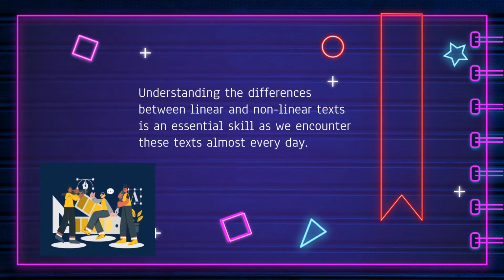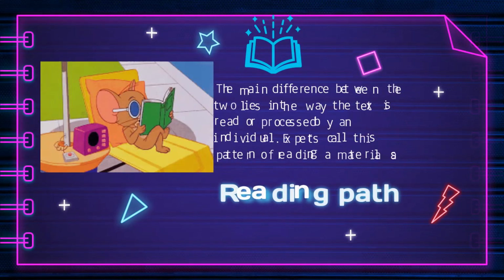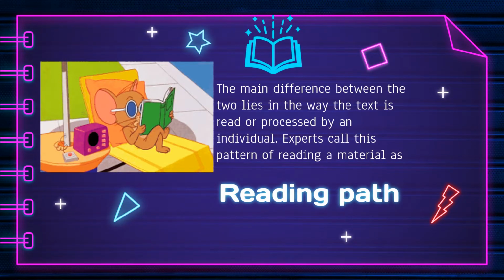Understanding the differences between linear and non-linear text is an essential skill as we encounter this text almost every day. The main difference between the two lies in the way the text is read or processed by an individual. Experts call this pattern of reading a material as reading path.